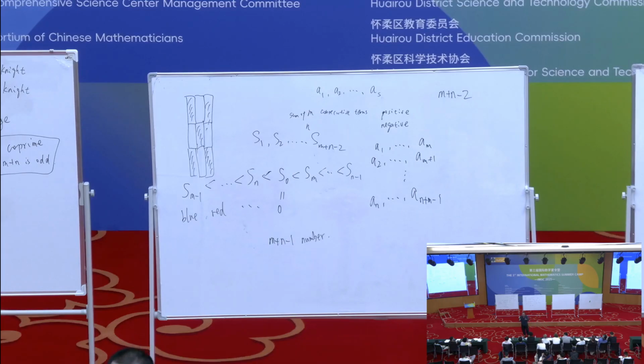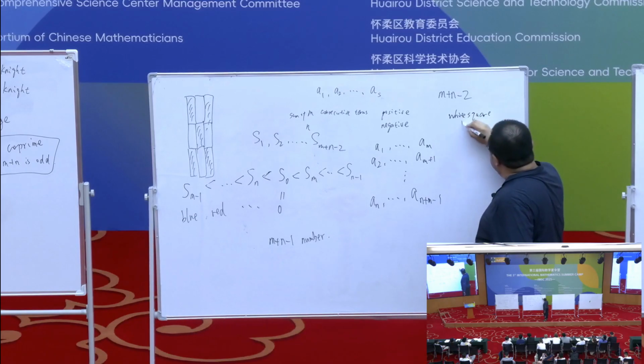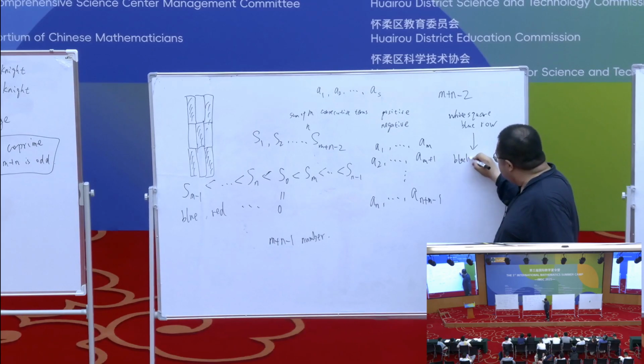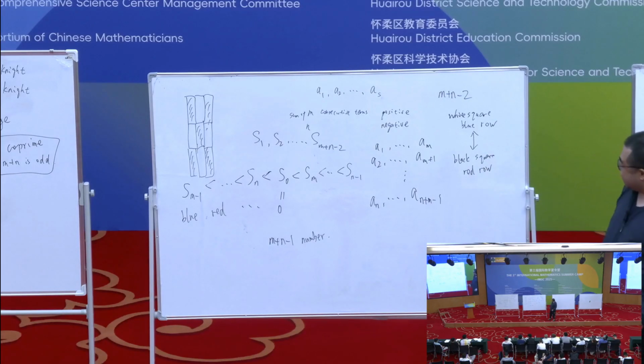But if you look at the usual coloring of the chessboard, it can only jump from a black square to a white square, and from a white square to a black square. Therefore, if it starts in a white square in a blue row, then it can only reach a black square of a red row, and then return to a white square of a blue row.